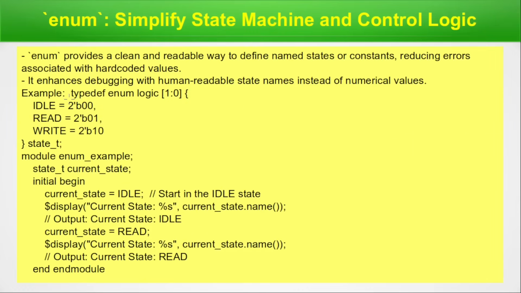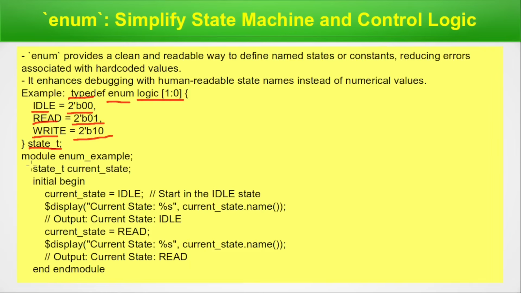So here we give the typedef command, and here we define enum, and it is logic [1:0], and we give a name for this, that is state_t, and inside this we define idle is 2'b00, read as 2'b01, and write 2'b10. So we define the exact binary combination inside this enumerated data type. Instead of going and checking and defining the values every time, we have a shorthand here.